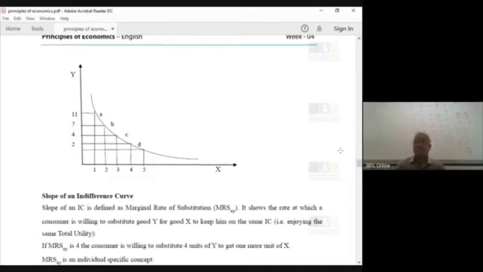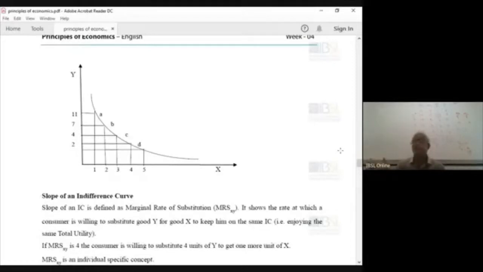By that, still we are discussing only the mathematics, but the economics is a very strong behavior. Why is that? When you have less and less of X, you are willing to give up more and more of Y. Then when you are getting more and more X, 1, 2, 3, 4, 5, what will happen? Marginal utility of X diminishes. Law of diminishing marginal utility.